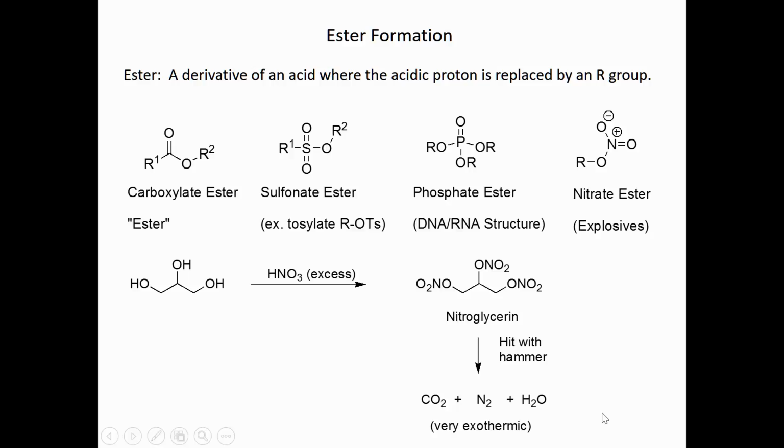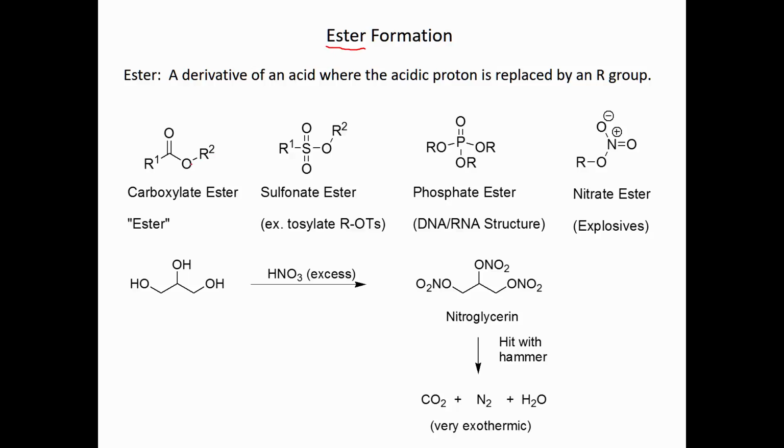But this term ester is a more general term. What it really means here is that we've taken the acidic proton of an acidic compound and we've replaced that acidic proton with an R group. And the type of ester we have is dependent on the type of acid we have.